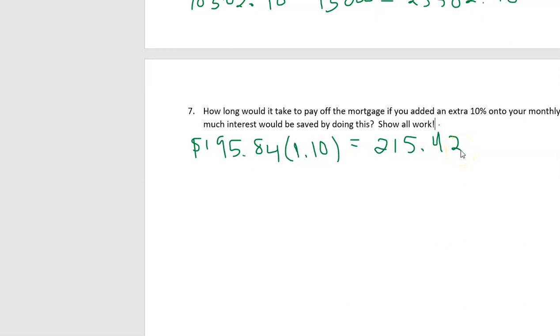All right, so now let's put this into our loan formula, and this time though our variable is going to be different. We still have $45,000 that we are financing. We are going to pay $215.42 a month for our monthly payments.